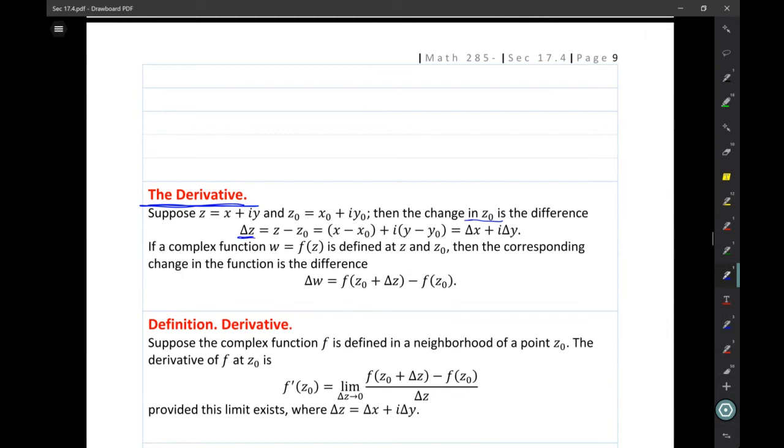Now, when we said z minus z naught means real minus real, imaginary minus imaginary.